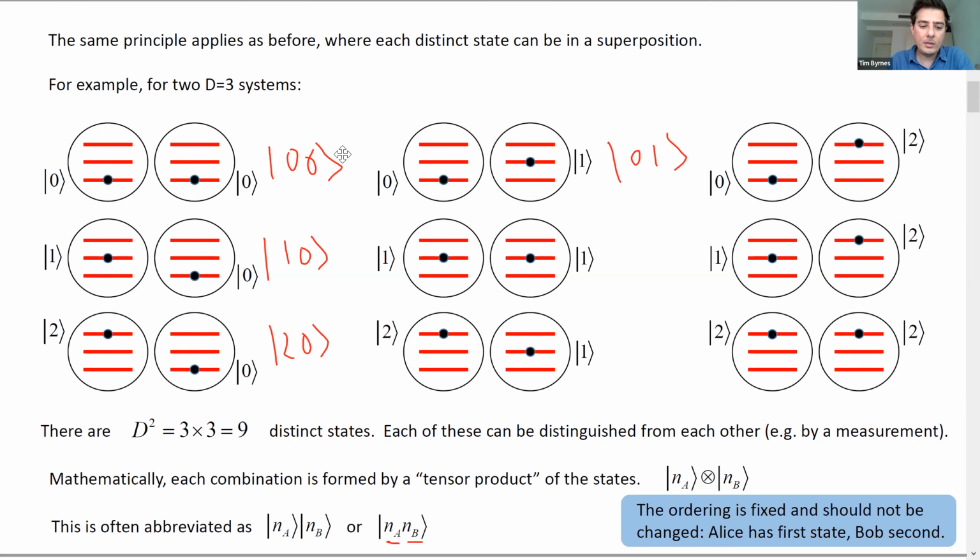So when I write it like this, I'm saying that this is a particular state. Whereas if I'm writing it like this, or in terms of the tensor product like this, you can see the underlying structure of what made up that state.